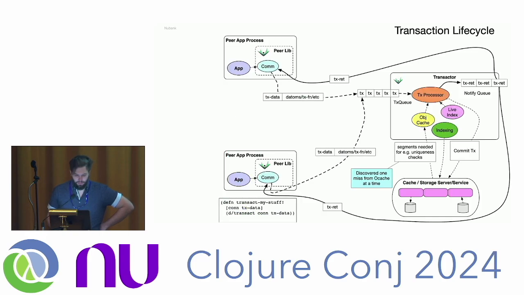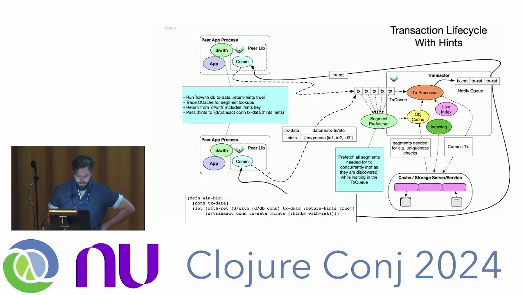So if we go back to the life cycle of a transaction, this is what we used to have, and this is what we have today. The new things are in light blue. In the peers, we're going to run dwith. We then have some threads inside the transactor that are running this prefetch operation, which is just pre-populating the data into the object cache.